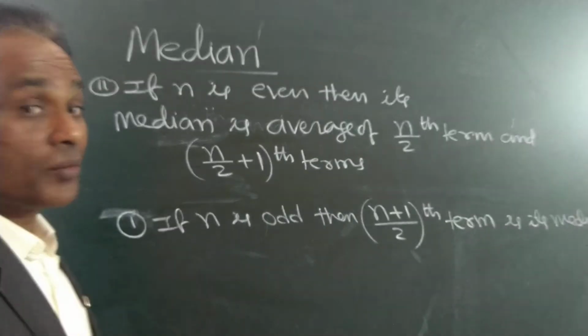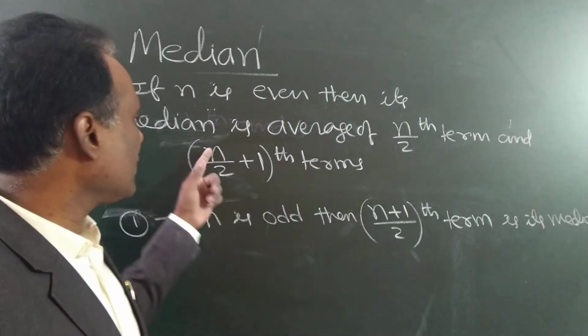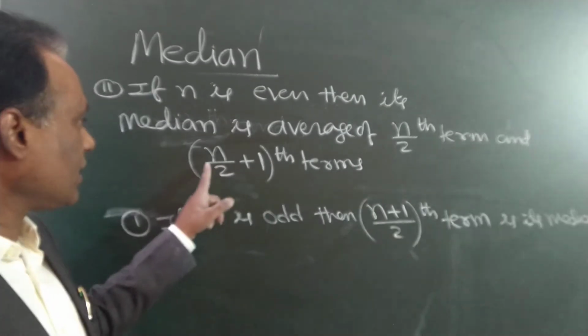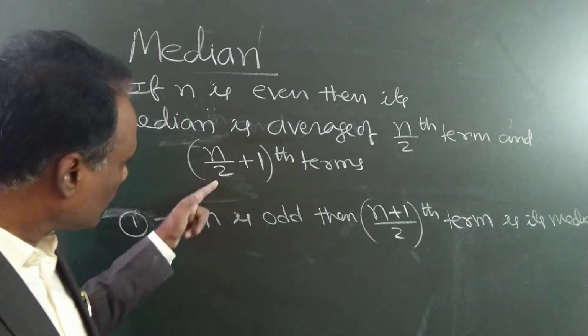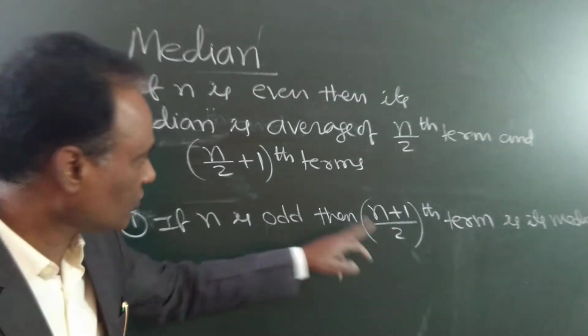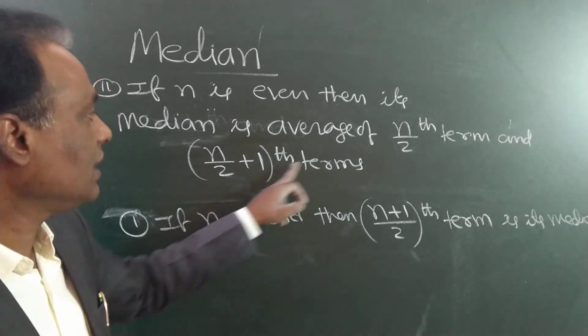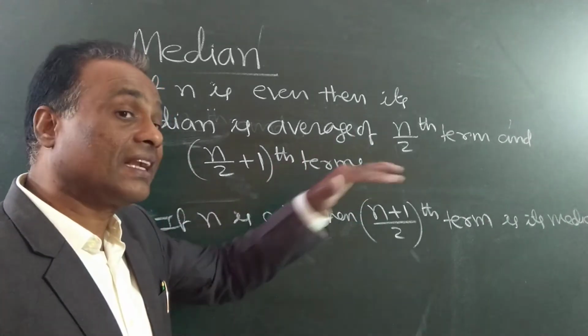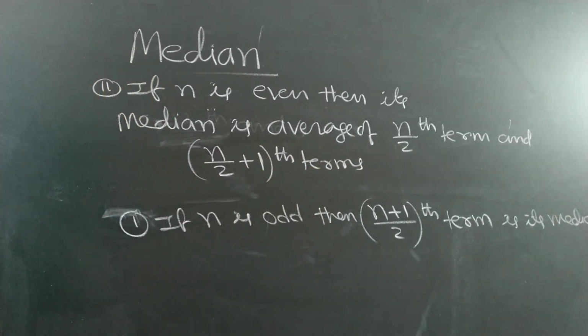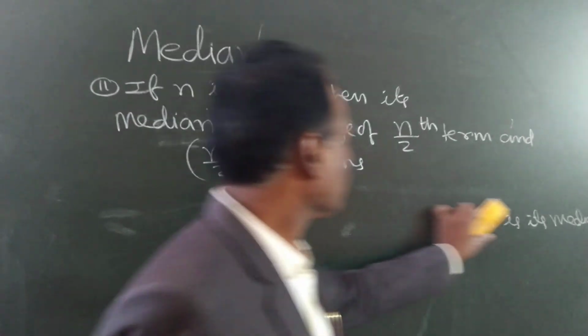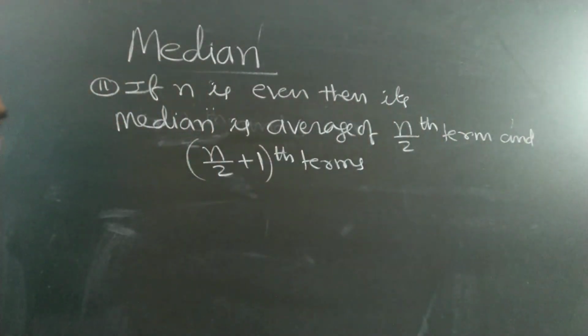Then we will get two middle terms. One will be the n by 2th term, another will be the n by 2 plus 1th term. So not n plus 1 by 2, it is n by 2 plus 1. Don't confuse these two, they are different. So find these two and take their average, that gives the median. Write down this.